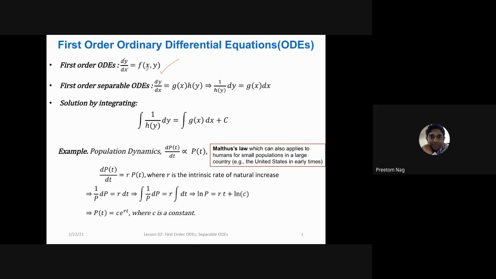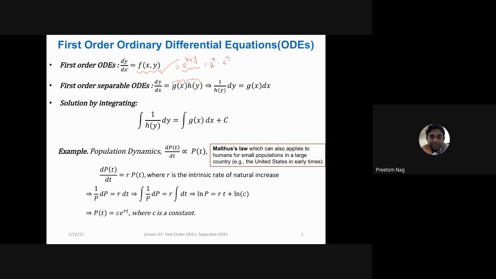Okay, so now if this function of x, y can be separated into two terms, which is g(x), function of x, and h(y), function of y. For example, if I consider here e to the power x plus y, right? So this one is function of x, y, isn't it? But e to the power x plus y can be written as e to the power x into e to the power y.